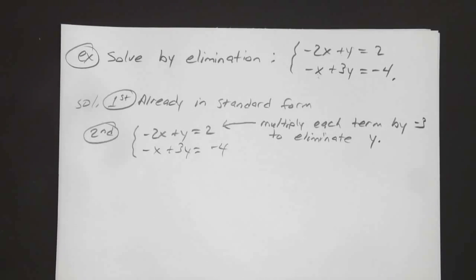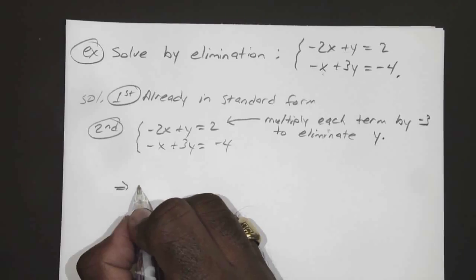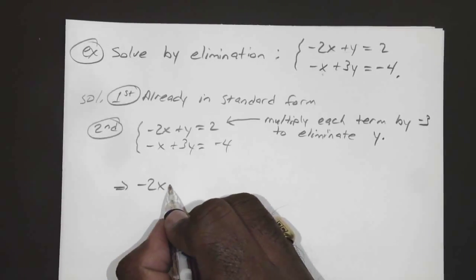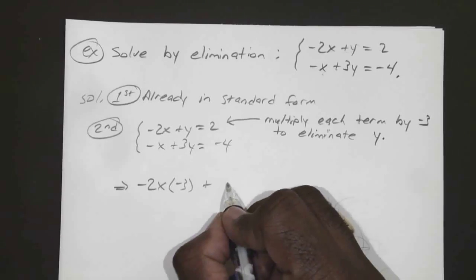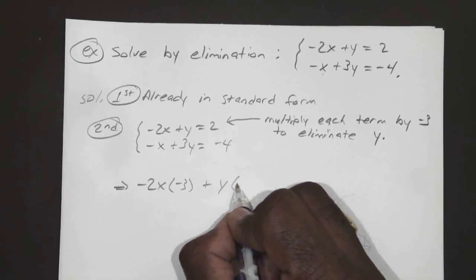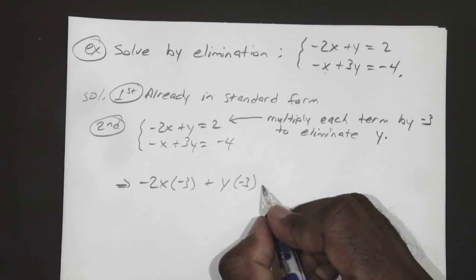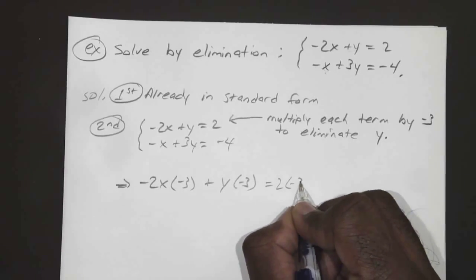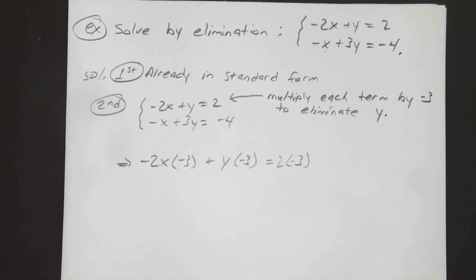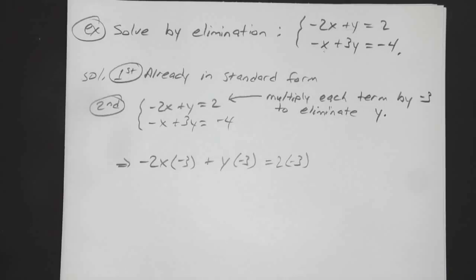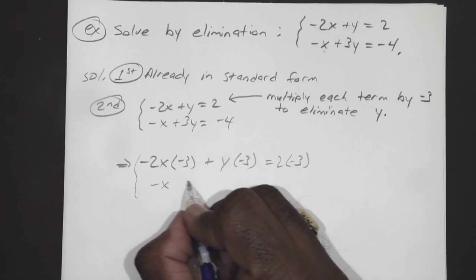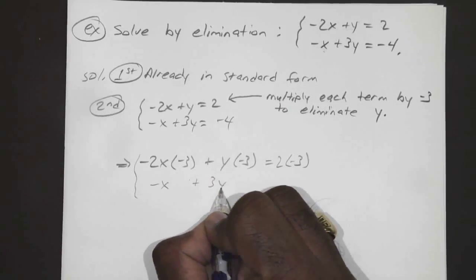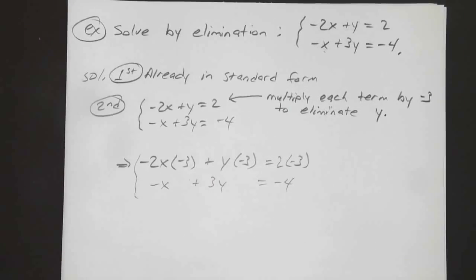Okay, so that means if we do that, we have negative 2x times negative 3 plus y times negative 3 equals 2 times negative 3. Now the second equation you're not going to touch. So you still have negative x plus 3y equals negative 4.